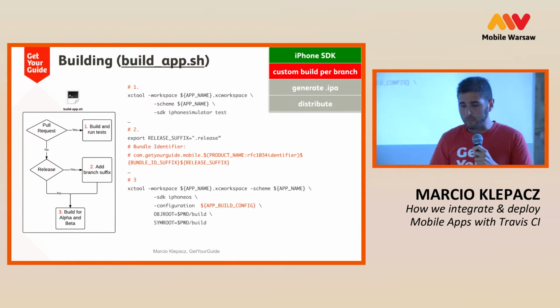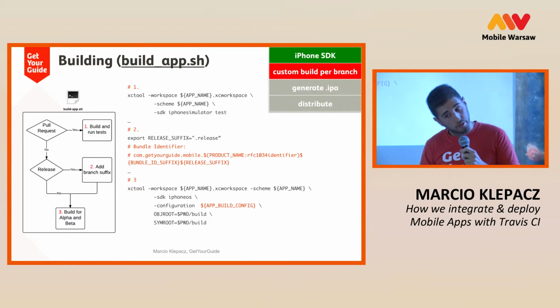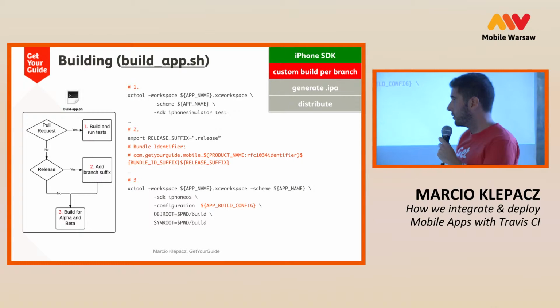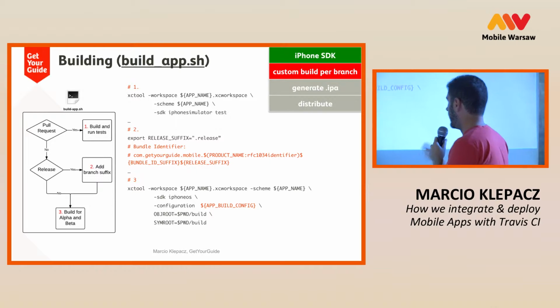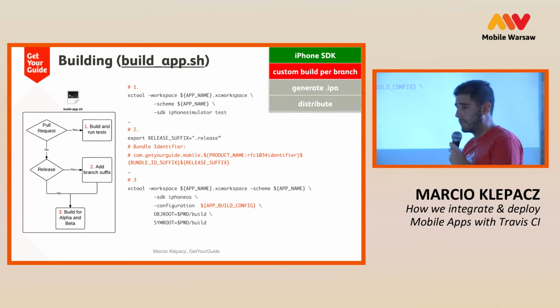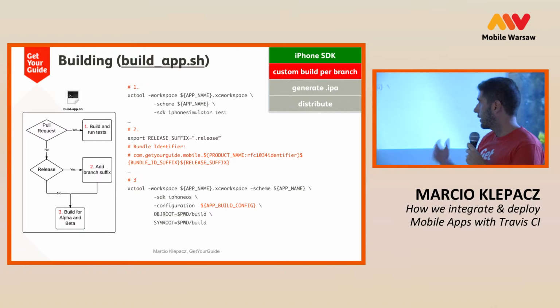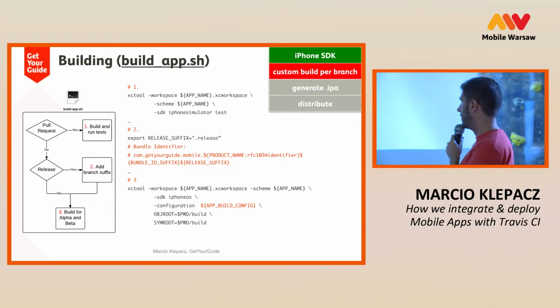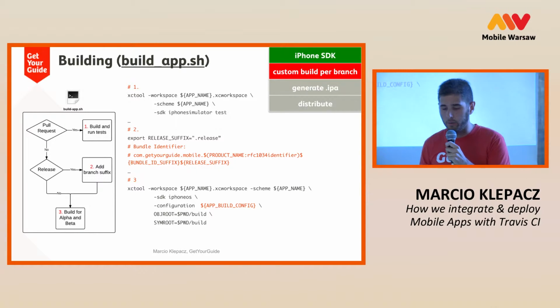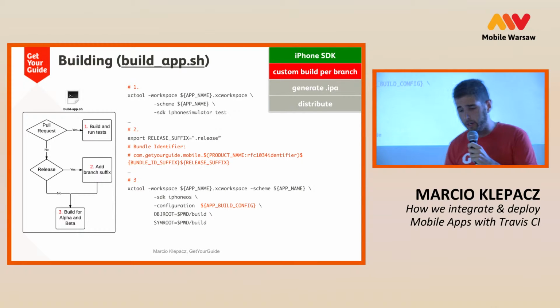So I will define another script called build app or whatever that will mainly check if it's a pull request. If it's a pull request, just run the tests and get over it. If it's not, I check if it's a release. If it's a release, I add a little suffix on the bundle identifier.